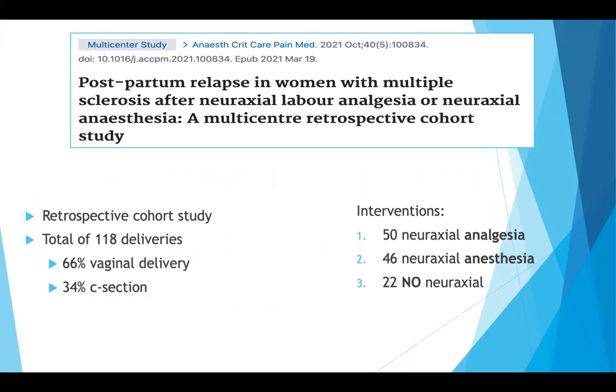It looked at a total of 118 deliveries, 66% were vaginal deliveries and 34% were C-sections. In terms of the interventions, 50 had neuraxial analgesia, 46 had neuraxial anesthesia, and 22 had no neuraxial intervention.